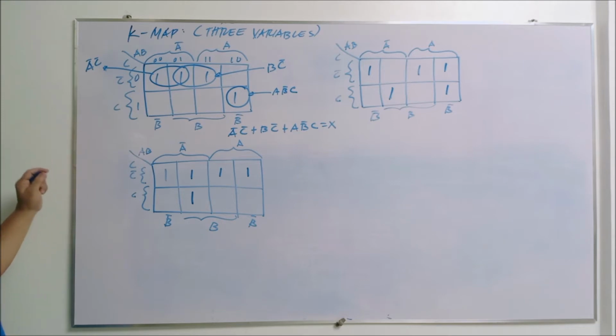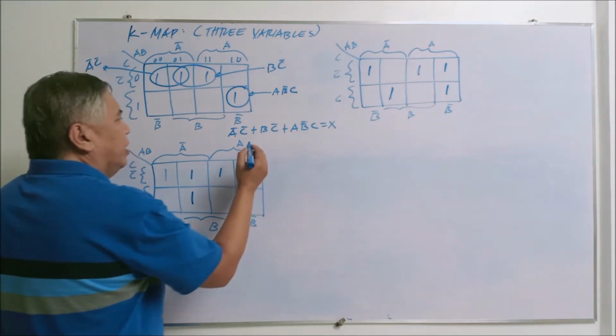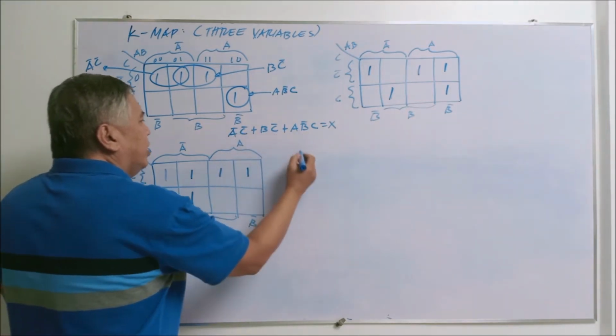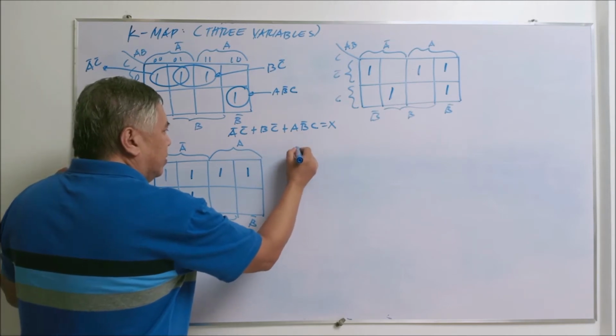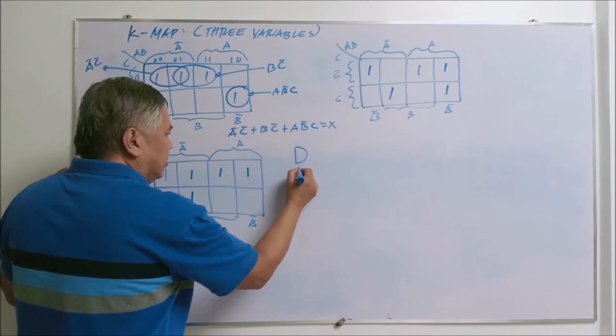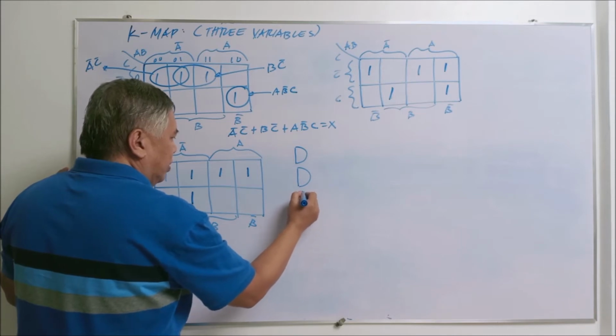And what will be our logical circuit? We need how many AND gates? 1, 2, 3 AND gates.